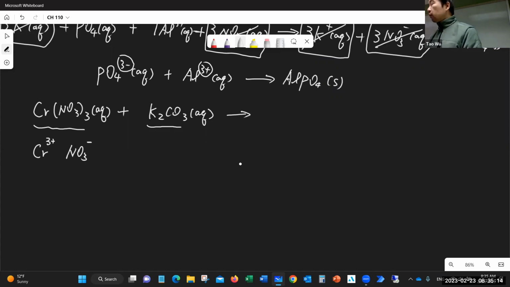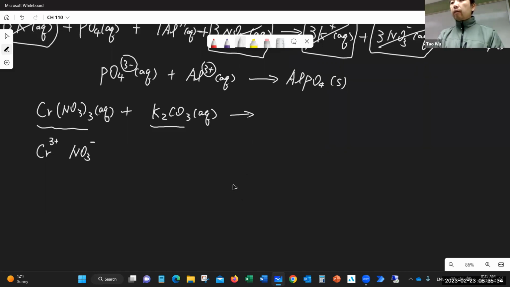If you don't remember, you're going to take a long time to recognize the charge for those cations or anions. We talk about nitrate, one of the very common ones, along with phosphate, carbonate, and sulfate. Those 4 polyatomic ions are very common.